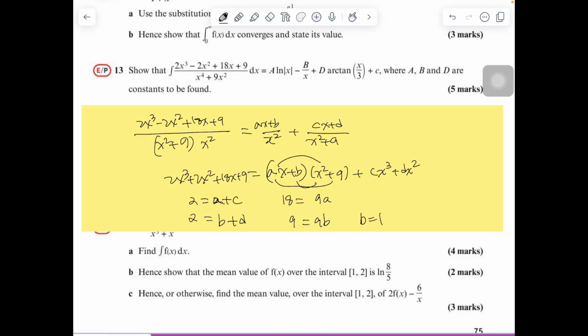So b equals 1, a equals 2, c equals 0, d equals 1.